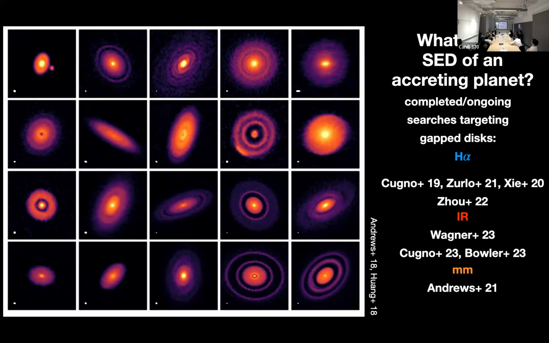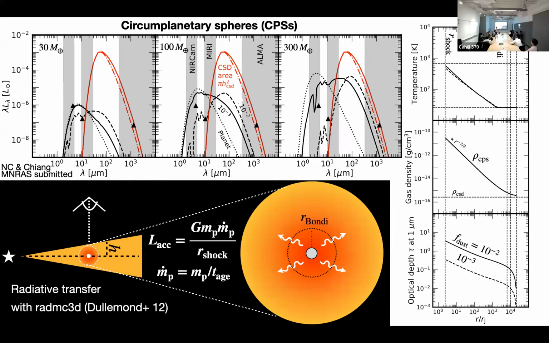Okay, I'm going to continue with these sort of run-of-the-mill gap opening planets. People are now trying to directly image the planet in the gap and get more PDS 70-like imaging. And we want to offer some perspective on what wavebands to find them in. So like I said, maybe these are smaller things.